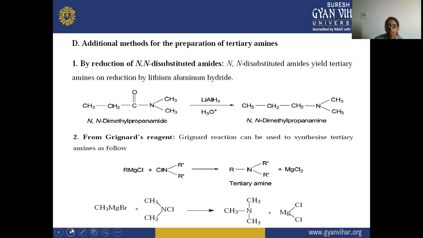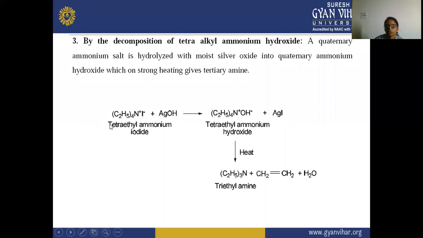The next is by the decomposition of tetra-alkyl ammonium hydroxide.